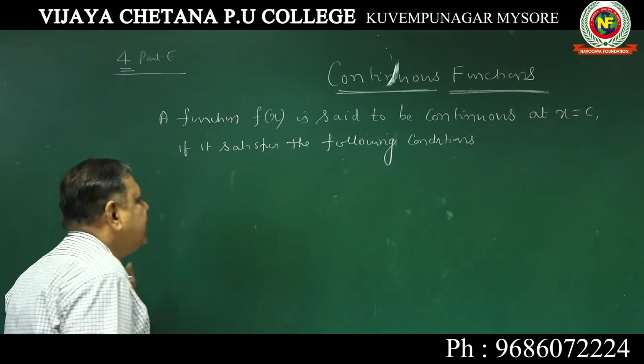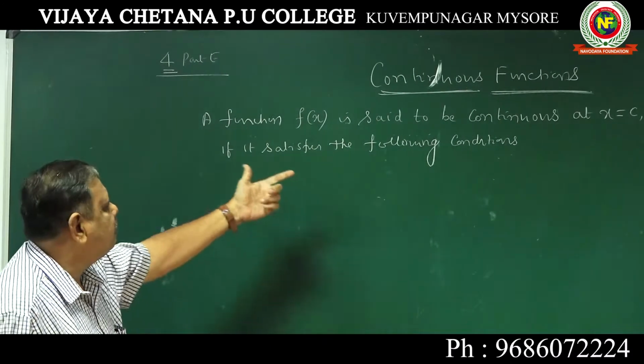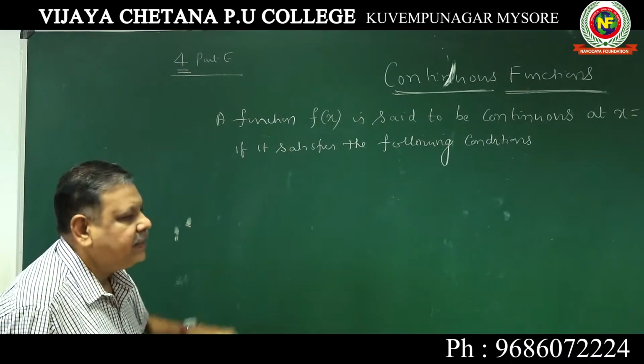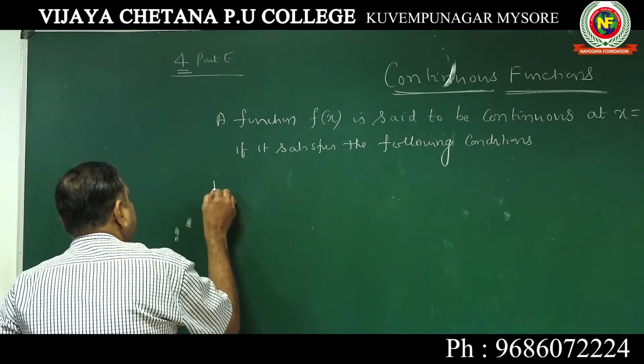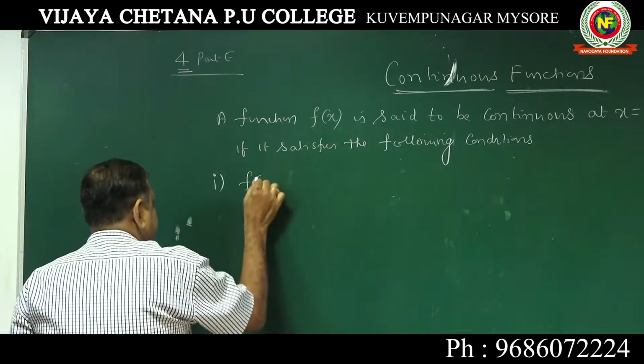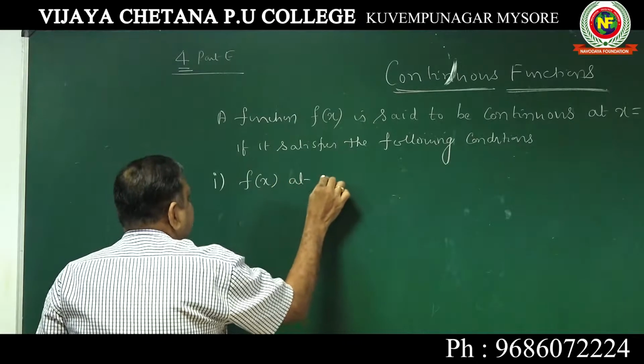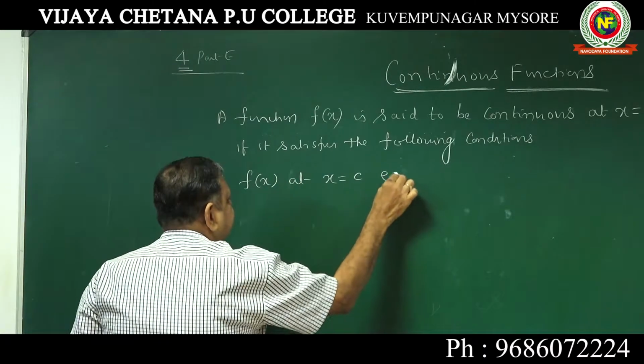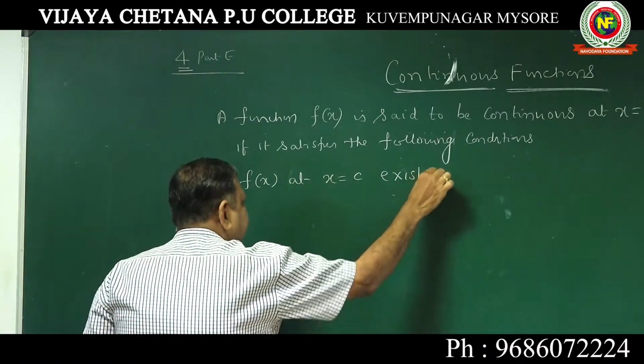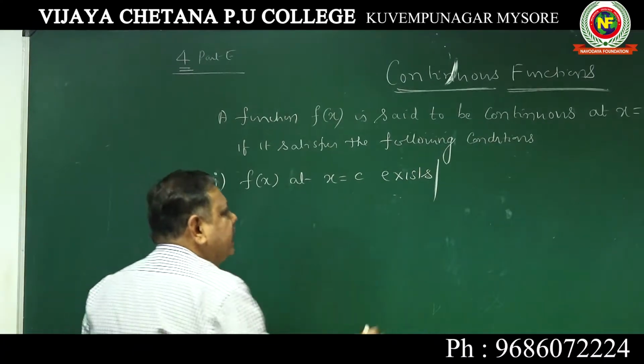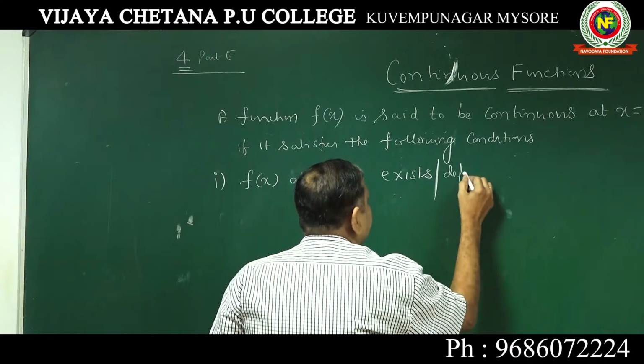Okay. A function f(x) is said to be continuous at x equal to c if it satisfies the following conditions. First condition, f(c) exists. Exists means defined.